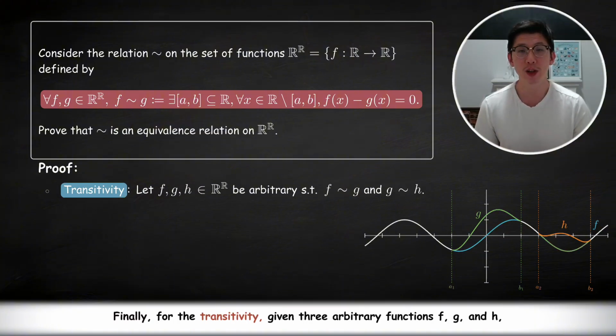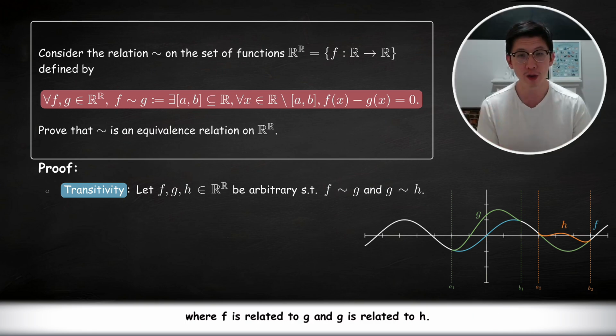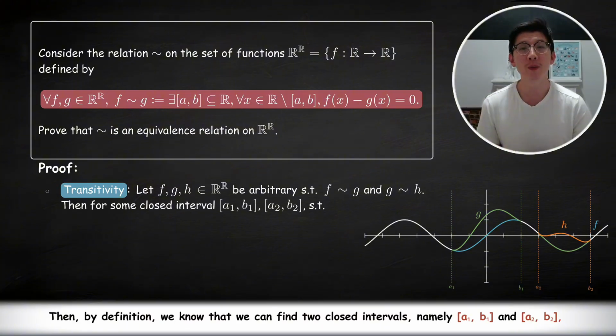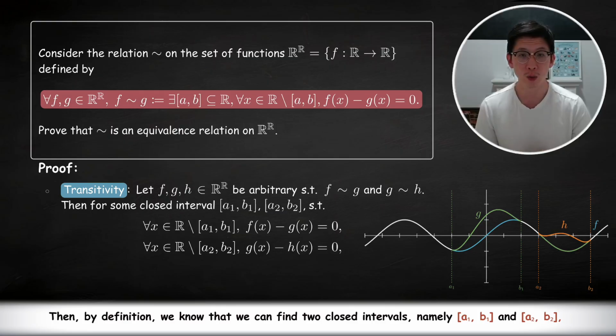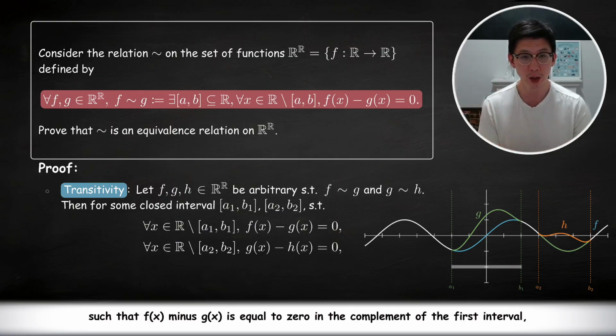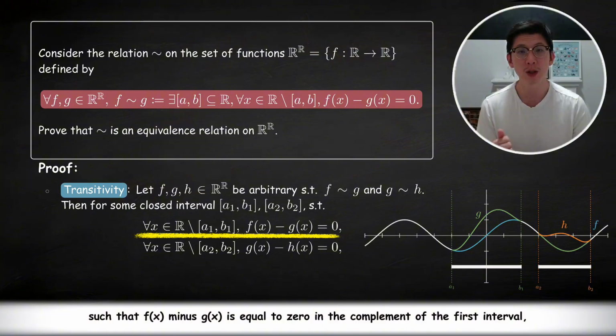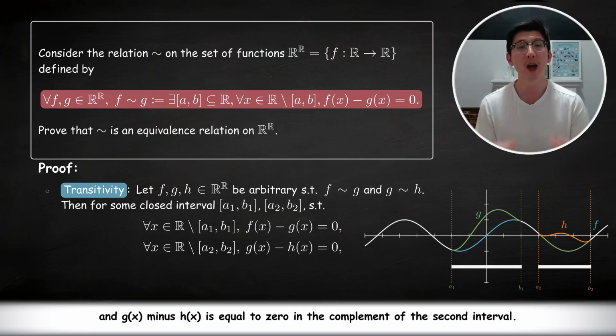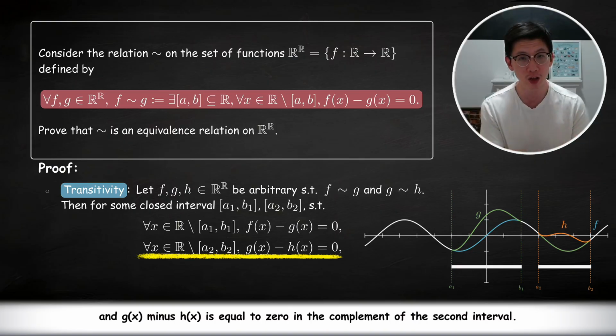Finally, for the transitivity, given three arbitrary functions f, g, and h, where f is related to g and g is related to h, then by definition, we know that we can find two closed intervals, namely [a1, b1] and [a2, b2], such that f(x) minus g(x) is equal to 0 in the complement of the first interval, and g(x) minus h(x) is equal to 0 in the complement of the second interval.